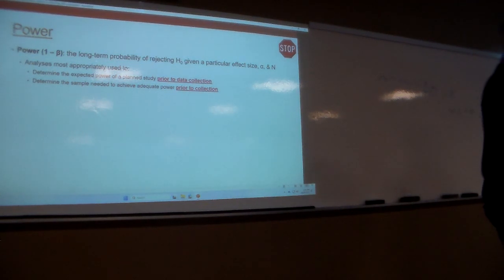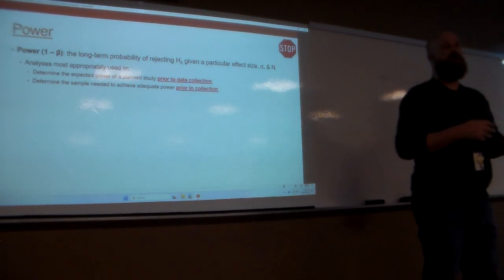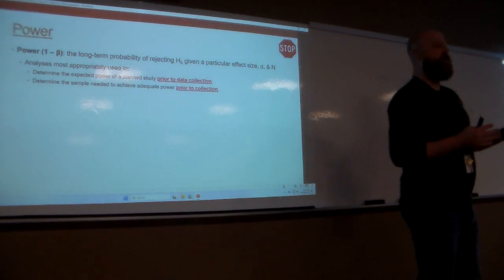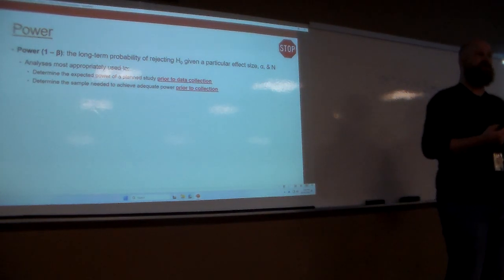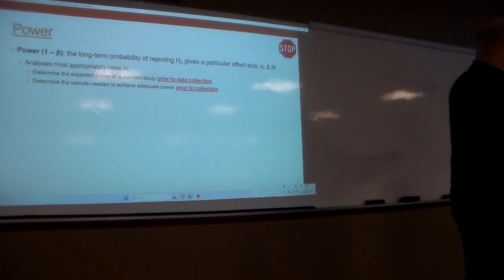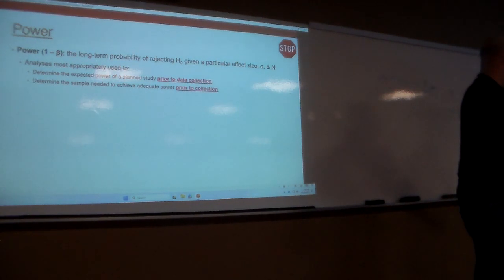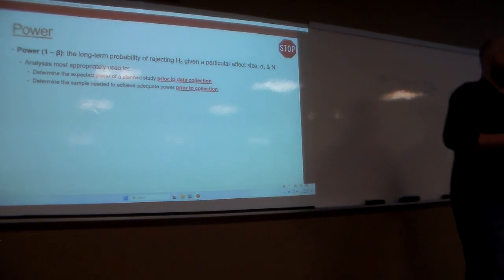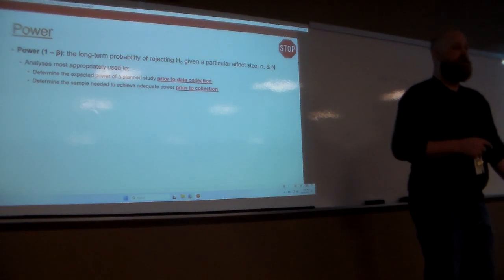Conceptually, if we're thinking about power, has everybody heard people talking about, does this study have enough power, things along these lines, right? People have heard this term. Thinking about this conceptually, power is the long-term probability of rejecting my null model given a particular effect size, alpha size, and sample size, okay?